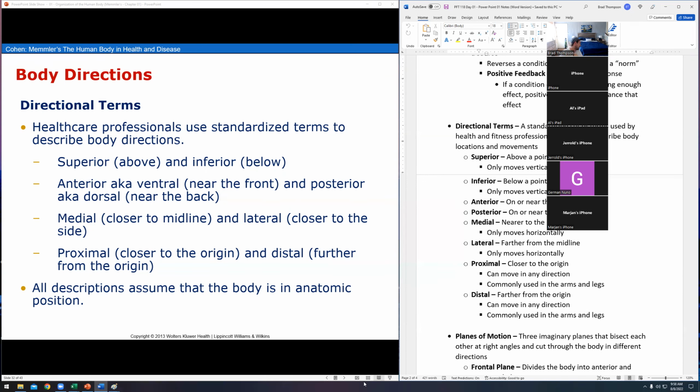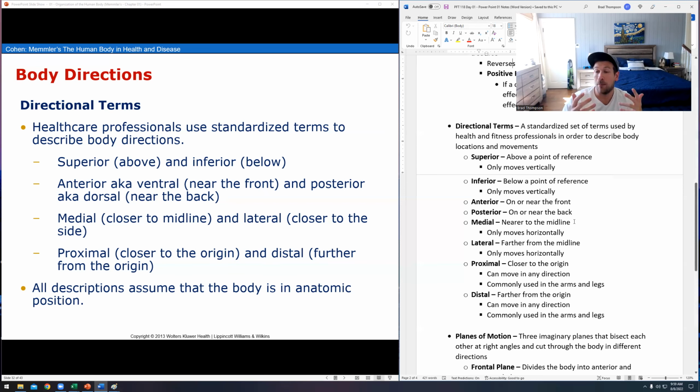So next thing we got to talk about are directional terms. Directional terms are a standardized set of words that we use to describe body locations and body movements. We're going to watch a video in just a minute that's going to have a really good example of this. But let's say you have some type of ache or pain in your body.